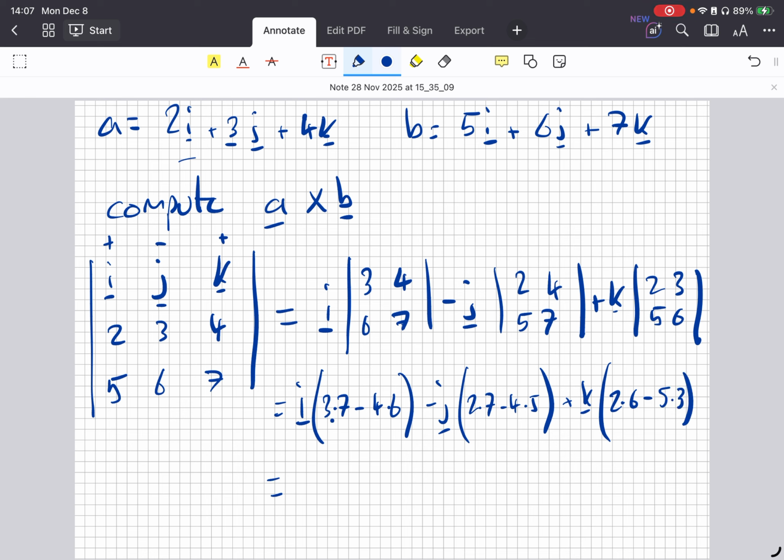And if I just do those sums then, so 21 minus 24, so that's going to be minus 3i. This will be 14 minus 20, so that's minus 6. But I've got a minus sign here, so it's going to be plus 6j. And here I'm going to have 12 minus 15, so that's minus 3k.